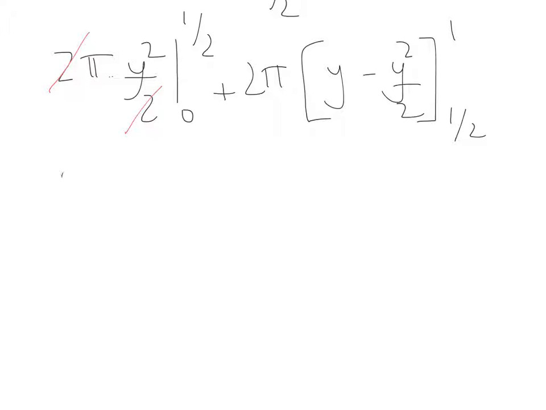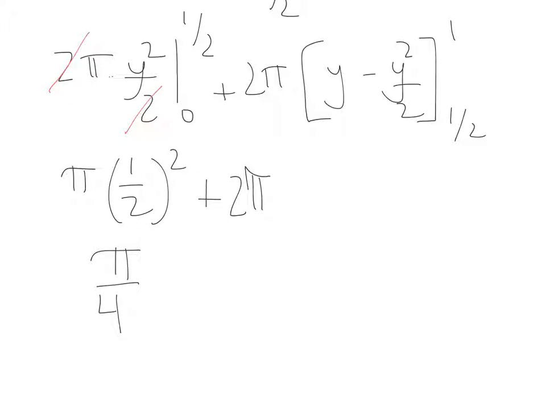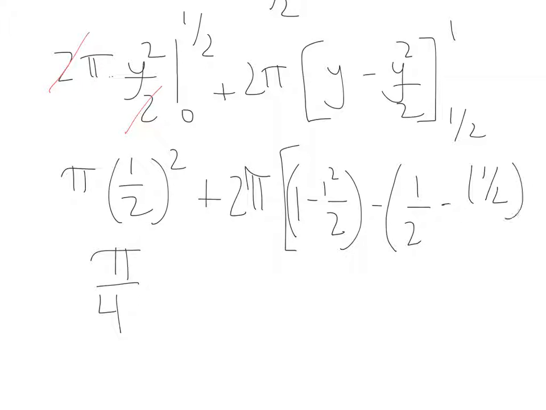So we're going to have pi times 1/2 squared, which is pi over 4. And for our second integral, we'll have 2 pi times, 1 minus 1 squared over 2, minus, upper minus lower, 1/2 minus 1/2 squared over 2.